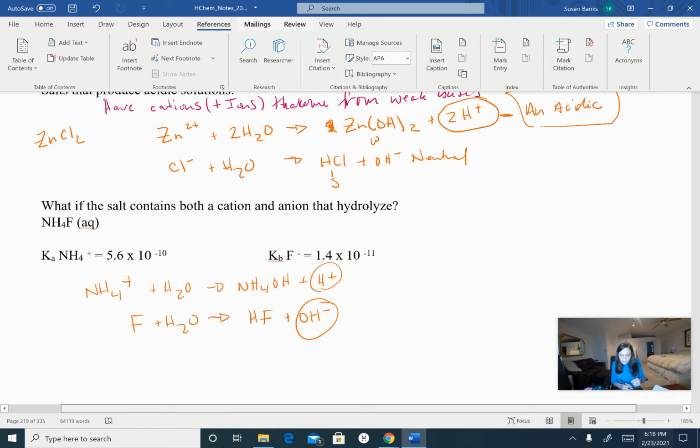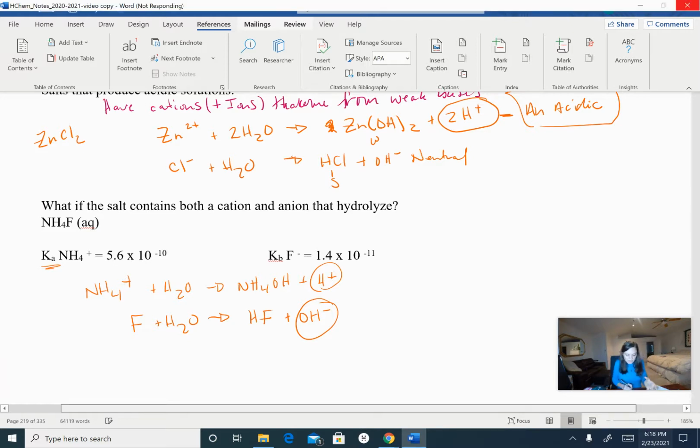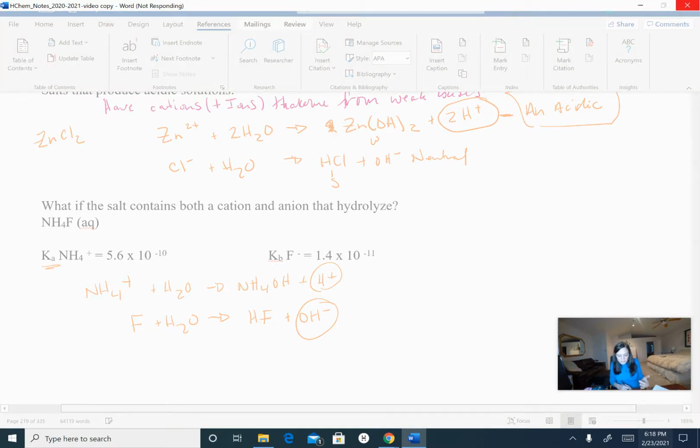What you really have to do is look at the dissociation constants of both the acid and the base. So the dissociation constant for the acid is 5.6 times 10 to the negative 10. And the dissociation constant for the base is 1.4 times 10 to the negative 11. You really got to look at which one is the larger number.